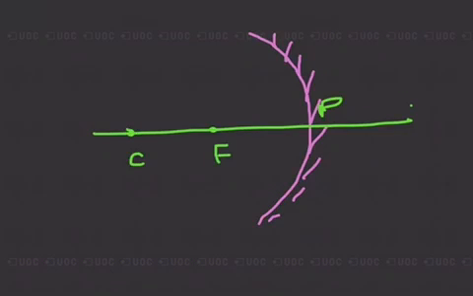Now let us say there's this tree between the focus and the pole of the mirror. So the question is, where will the image of this tree be? Let this tree be AB for our convenience.